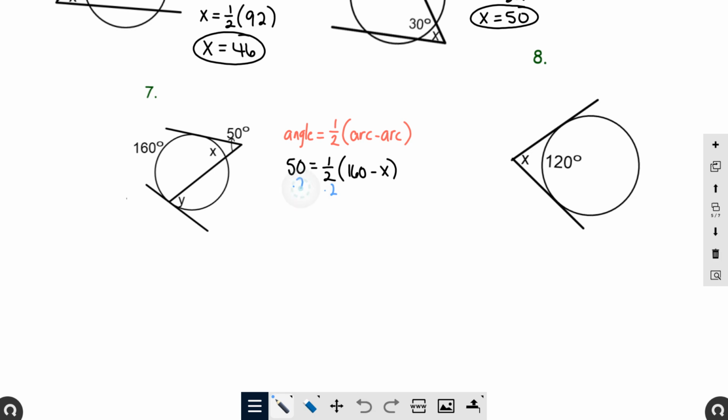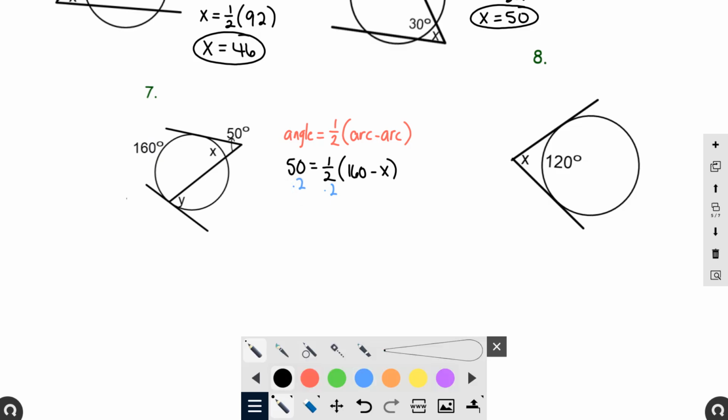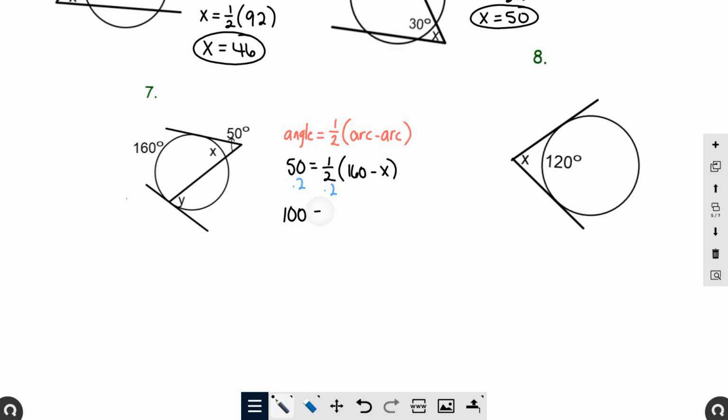Let's start off by multiplying by 2 to make our math a little bit easier. So 100 equals 160 minus x, because it just cancels out the 1/2. Then we would subtract the 160, so we get negative 60 equals negative x, so positive x must equal positive 60.